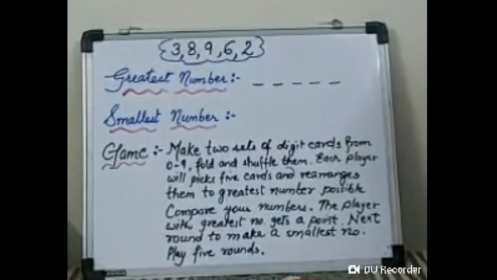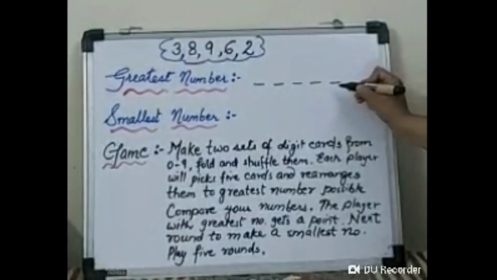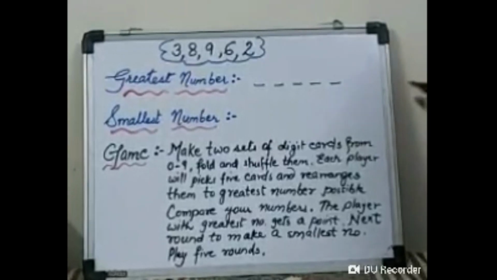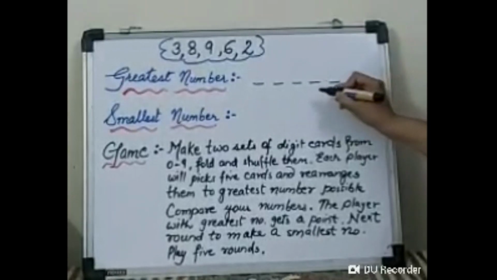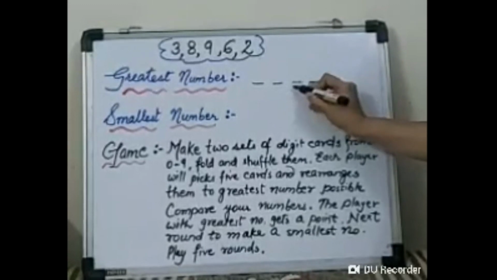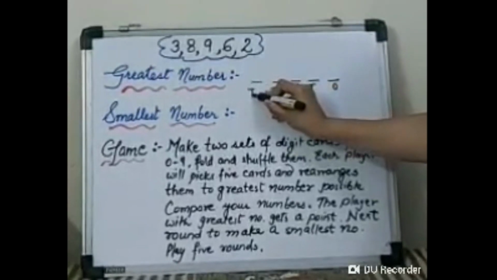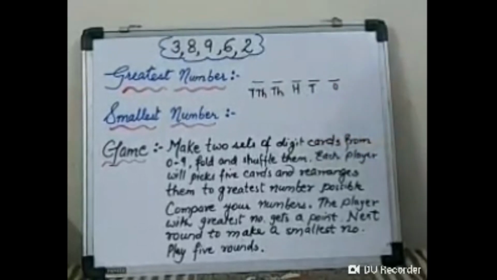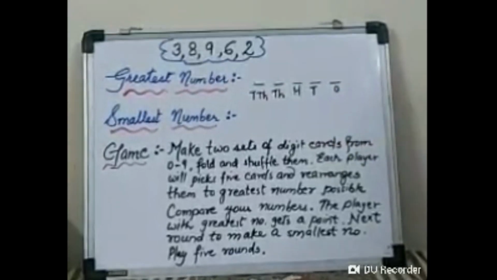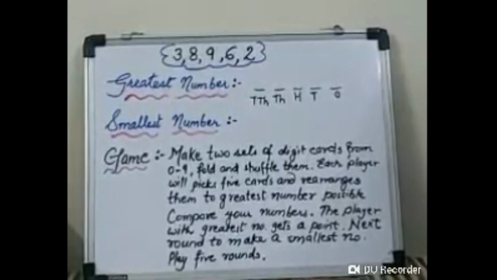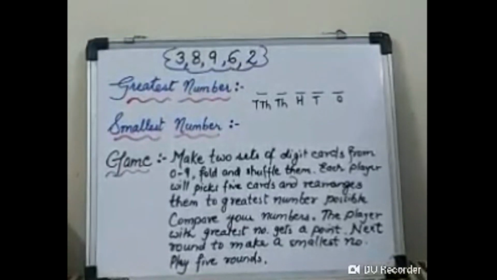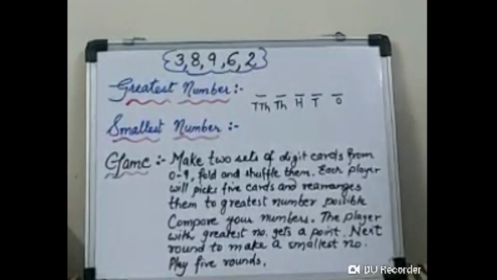Let us give the names of the places according to the place value chart. Ones, tens, hundreds, thousand and 10,000. To build the greatest number, place the greatest digit in the greatest place.